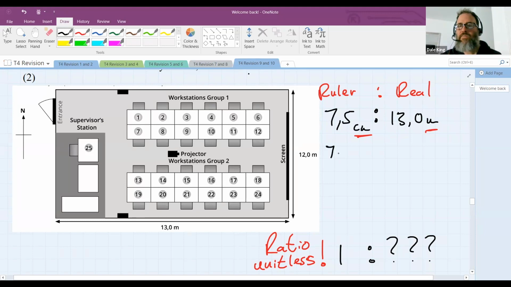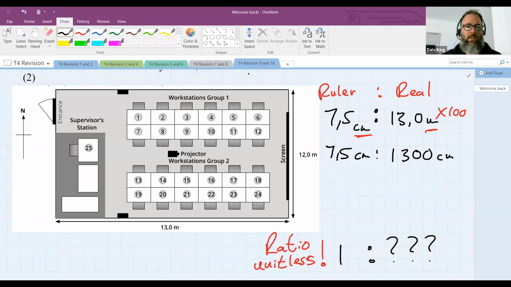I'm going to say this is the same as, and you know that when you change meters to centimeters, you need to times by 100 because there are 100 centimeters for every meter. So 13 times 100 is 1,300 centimeters. Okay, let's check it with a calculator because I have been known to be wrong sometimes. All right, there we go, 1,300.